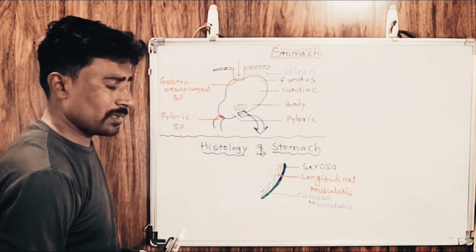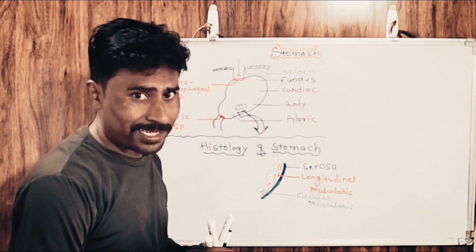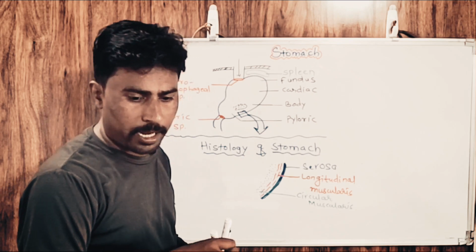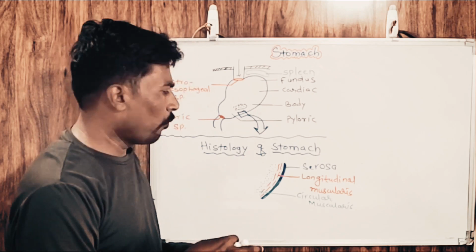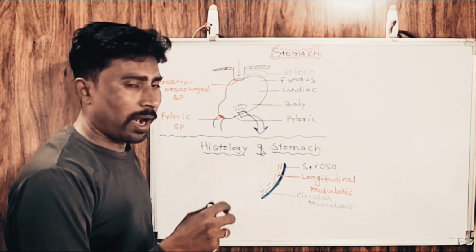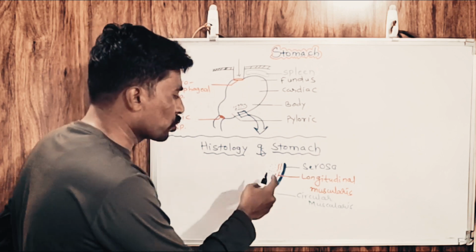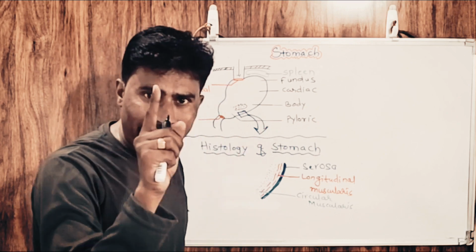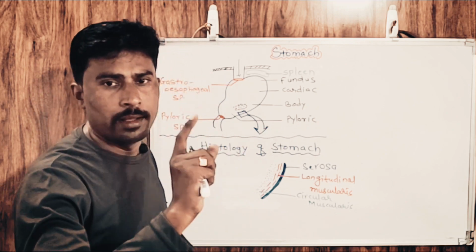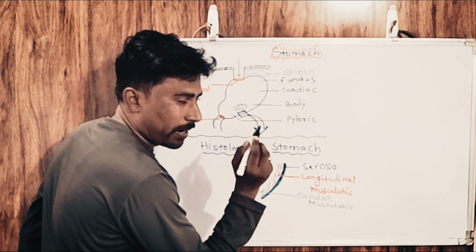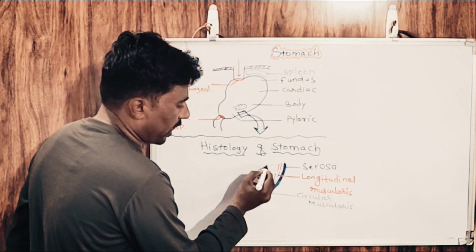Okay, fine. All these are the layers. I have explained this in my earlier class also. But very carefully you listen now. There is one more additional layer of smooth muscle only in the stomach. That is the important one. Only in stomach. But look at the arrangement of all those muscle fibers.